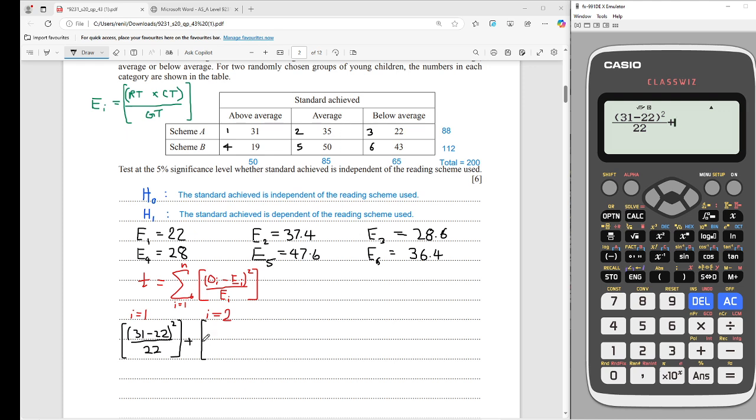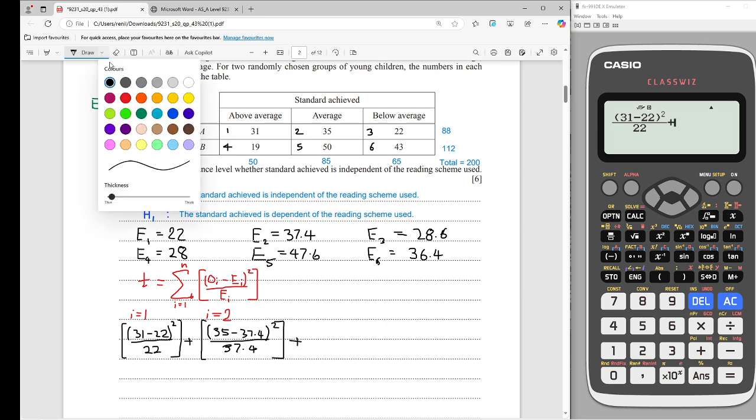So O2 being 35, 35 minus 37.4, whole squared, divided by 37.4, and this will give us our second part.